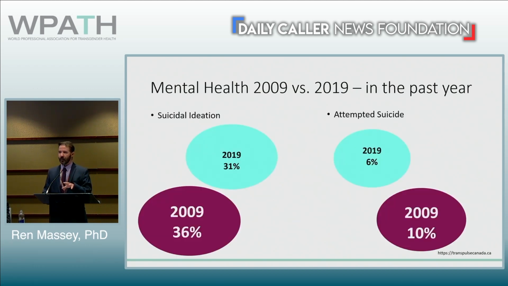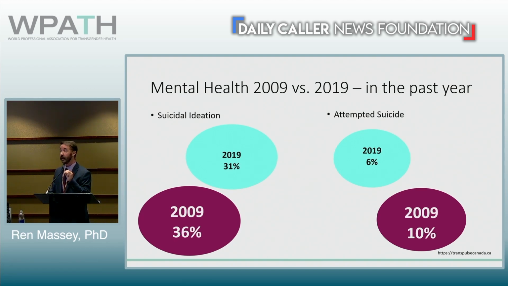This is really important. So comparing the 2009 TransPulse Ontario to 2019 results, look at the number of people in 2009. 36% of the respondents had considered suicide, had suicidal thoughts. In 2019, it was a little better, 31%.